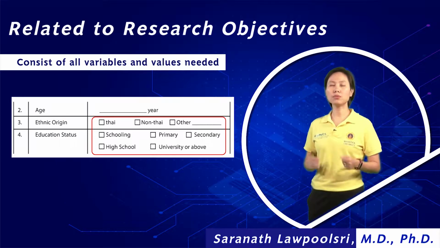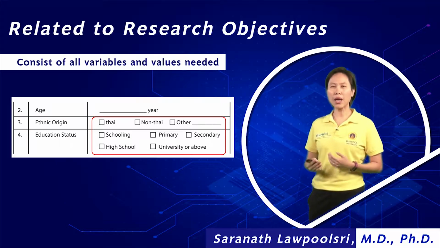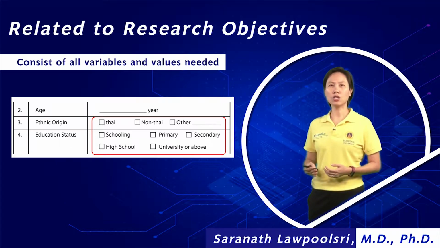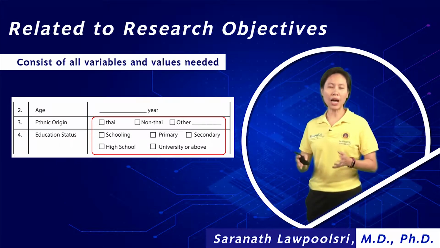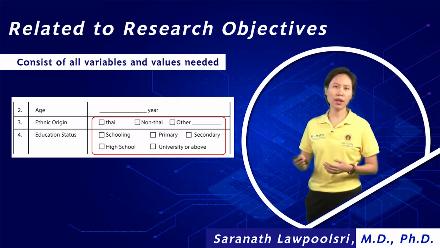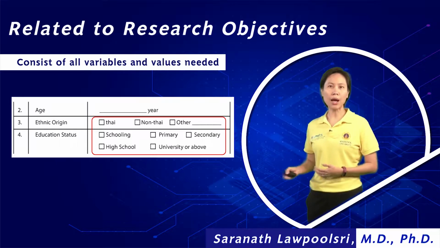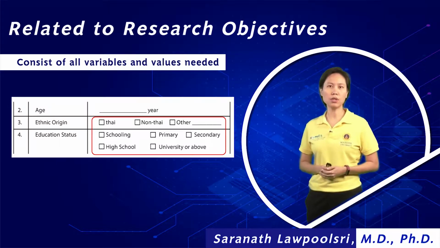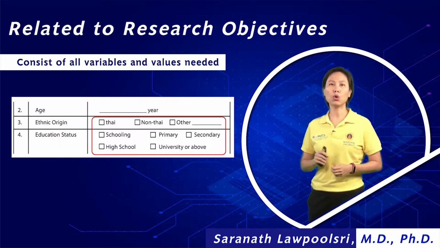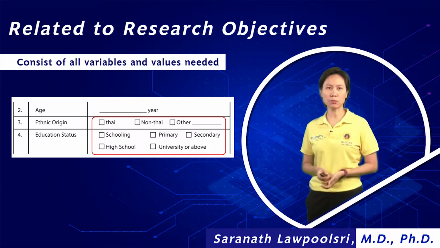But if you might be interested, among non-Thai, in looking into detail who they are, like Karen or some other ethnicities, then in that particular study you need to have more values than Thai and non-Thai to be more specific.